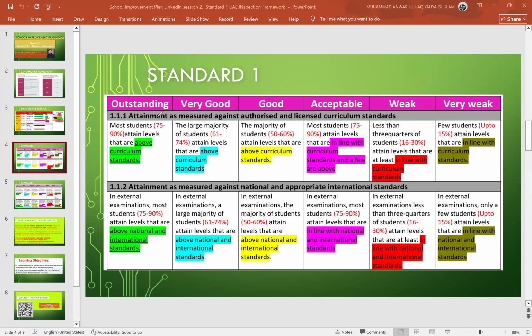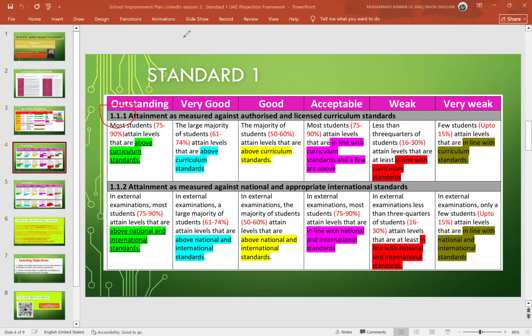If you see here, this is 1.1.1. So this is standard 1, which is related to attainment: attainment as measured against authorized and licensed curriculum standards. Now, this is really very important.